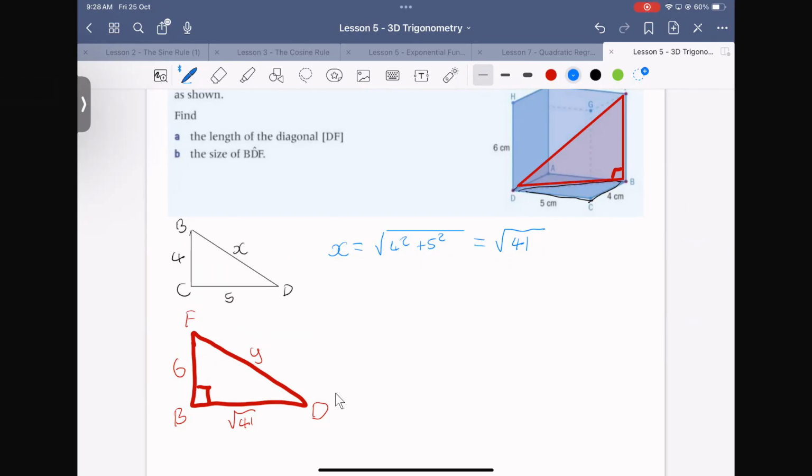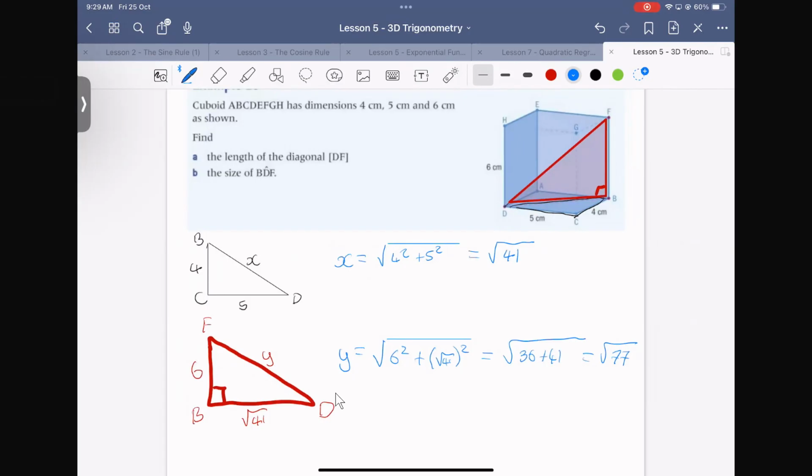So let's have a go at calculating that. y is equal to the square root of 6 squared plus root 41 squared. So that's going to be 36 plus 41. What's that going to be? Is it 77? Brilliant. So this is the length of the diagonal, DF.